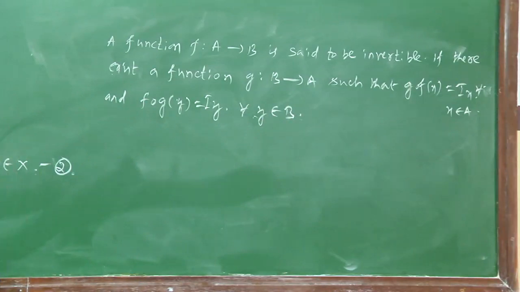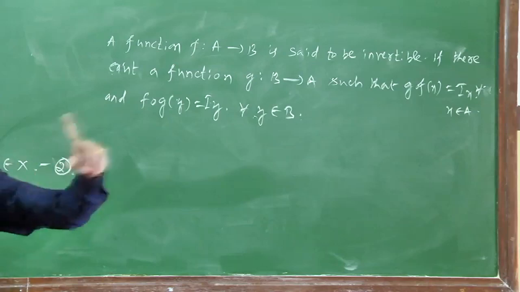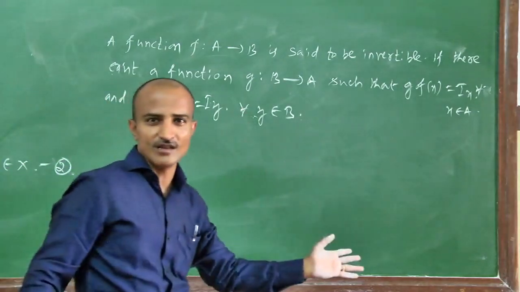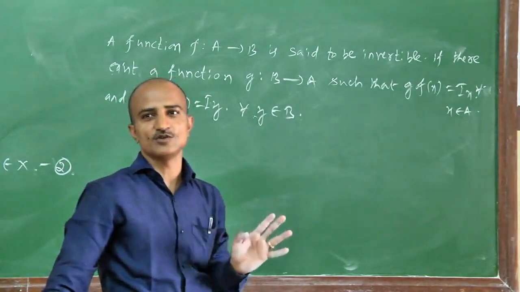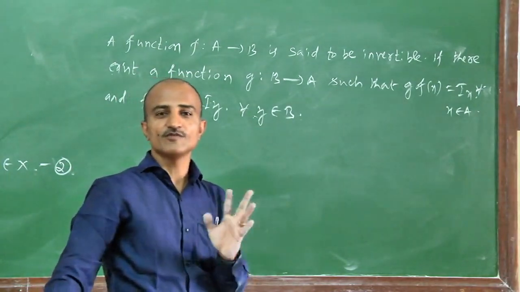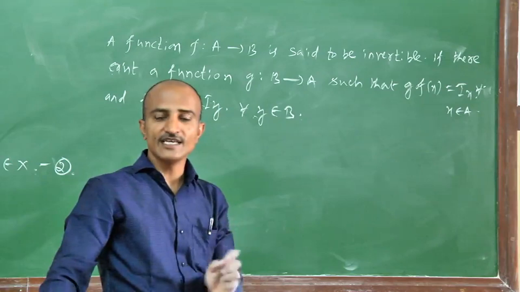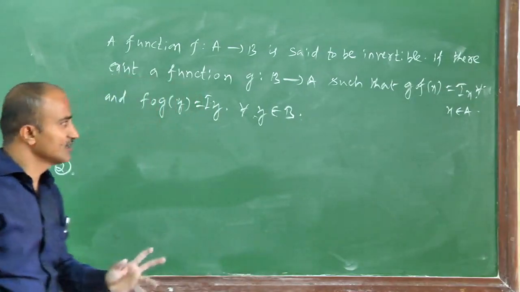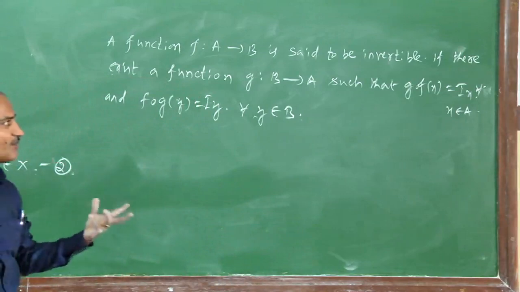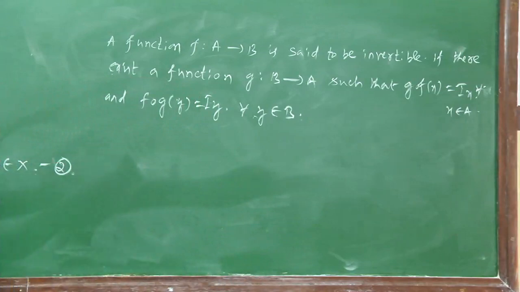It is sufficient to say the function is invertible if it is 1 to 1 and onto. If the function is 1 to 1 and onto, then it is invertible. If the function is invertible, then it is 1 to 1 and onto. This concept will be used while finding the inverse of a function.